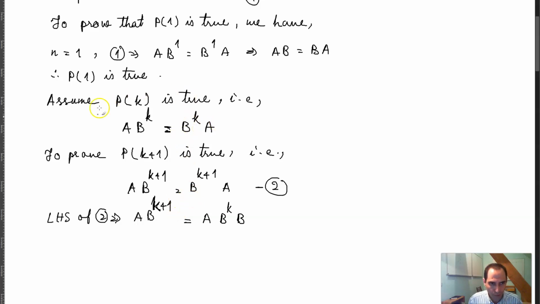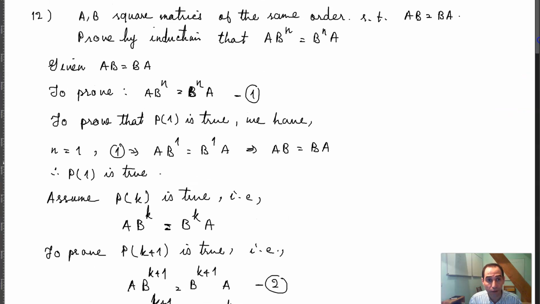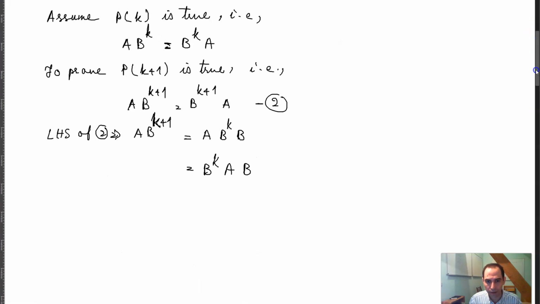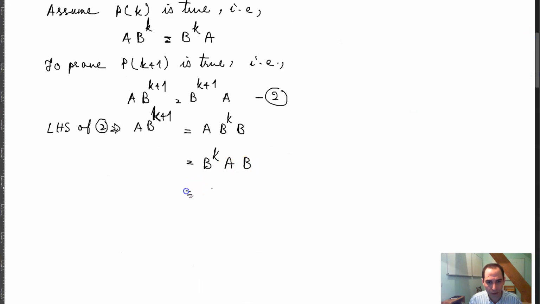Now I know that from this assumption that we made, A times B raised to the power k is equal to B raised to the power k times A. So I can write this as B raised to the power k times A and times B. And from here we know that it's given that AB is equal to BA. So if AB is equal to BA, I can write B raised to the power k, instead of AB, I can write BA.